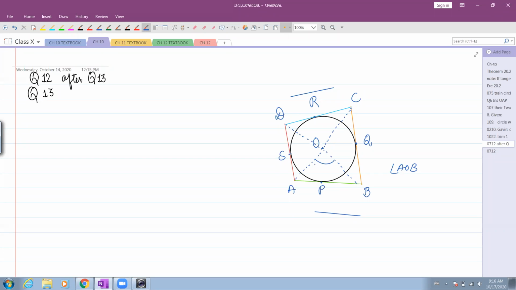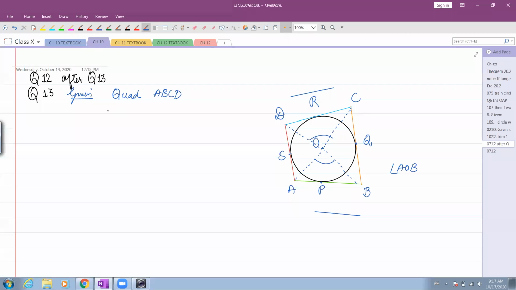No, that's not the case here. It's not always necessary that AC will be passing through the center O. So don't consider AC a straight line. So right now we have to prove that angle AOB and COD are supplementary, angle BOC and angle AOD are supplementary.